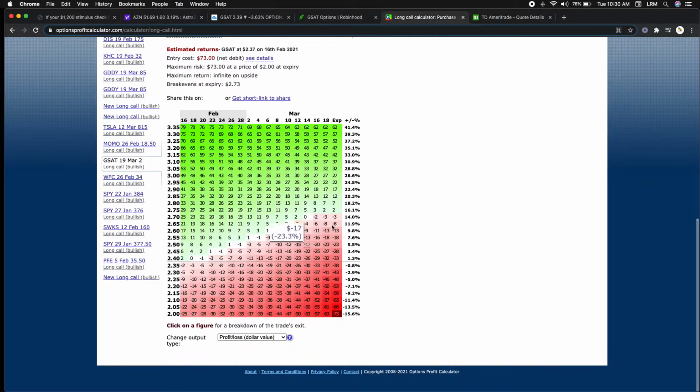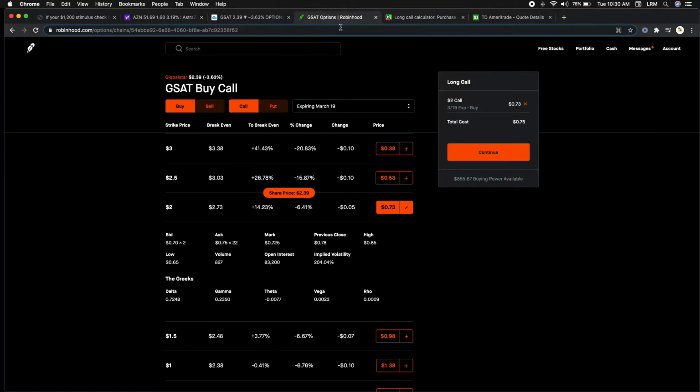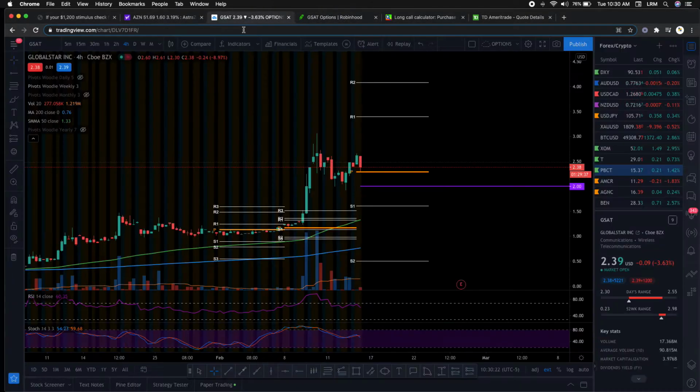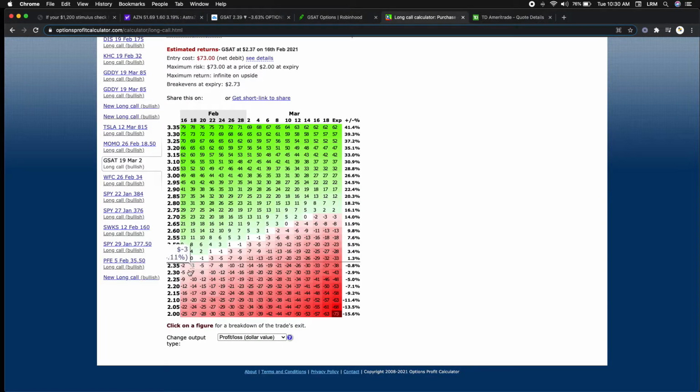So now this chart looks a little bit better. Also, your strike price was down here. All right, so you got a $2 strike price. You marked it on the chart. So the price right now is at 238. So if price goes down to here, then this could be your potential exit, because you're looking at taking on a loss down here.